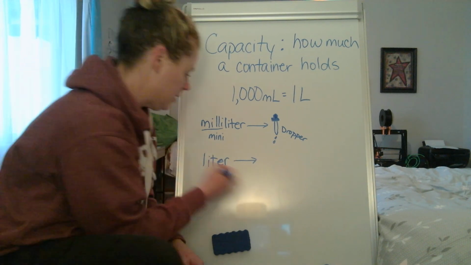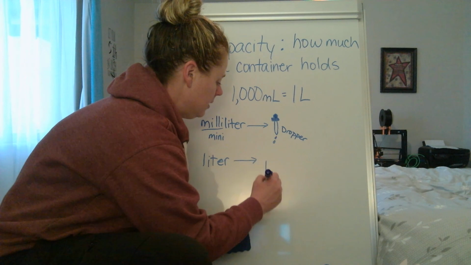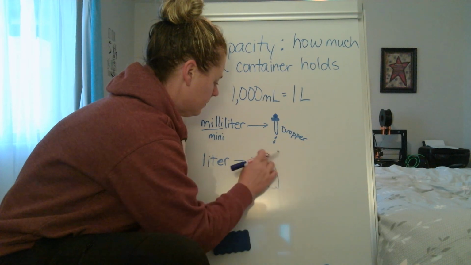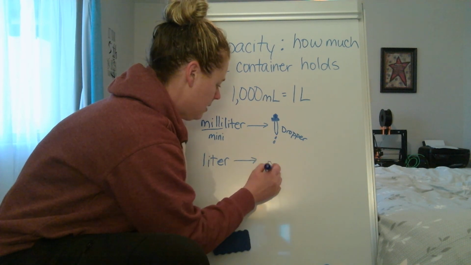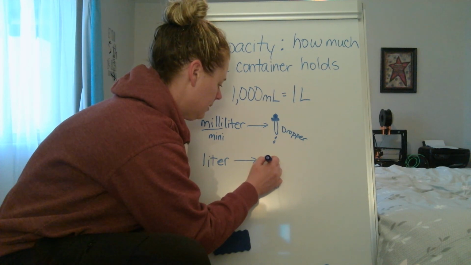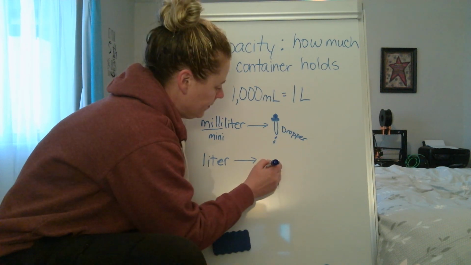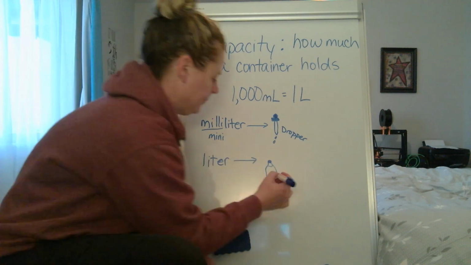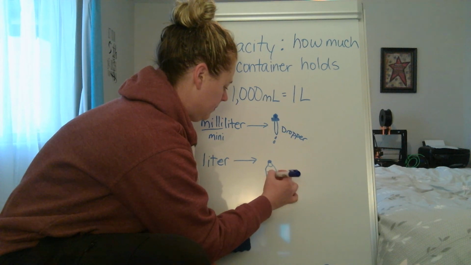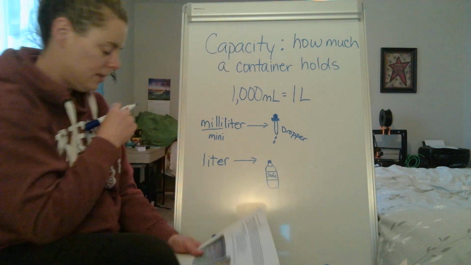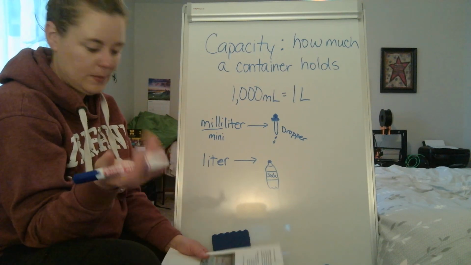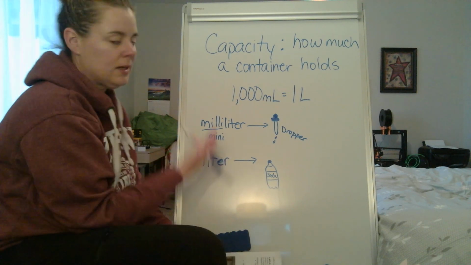Okay, now liters, I know that you probably have gone out and bought a liter of soda or a 2 liter of soda. So liter, you would measure soda. Okay, soda. And maybe you would, like a gallon of paint, maybe gallon of paint is like a liter.